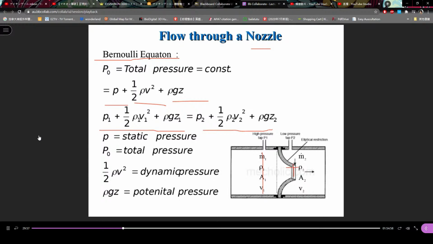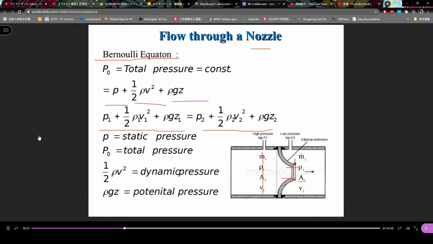Narrowed path, only this diameter. So the cross-section area is given, or diameter is given. And P1 plus the kinetic energy at position 1 plus the potential energy at position 1 must be equal to the total pressure at position 2.